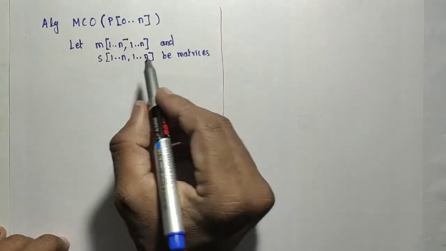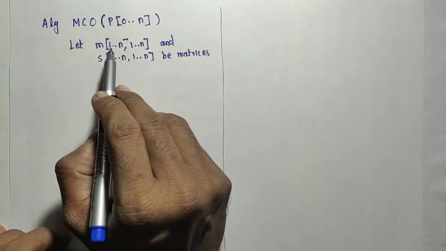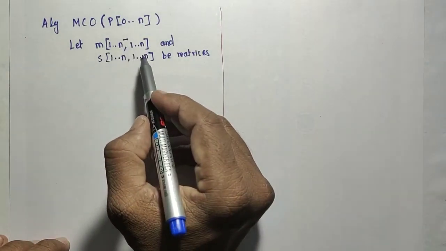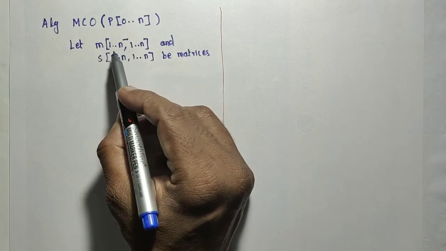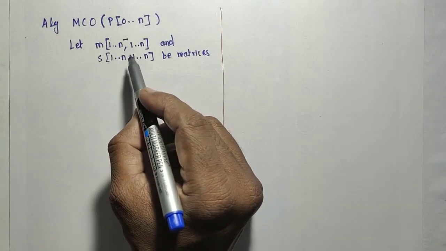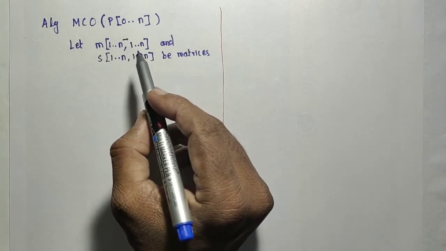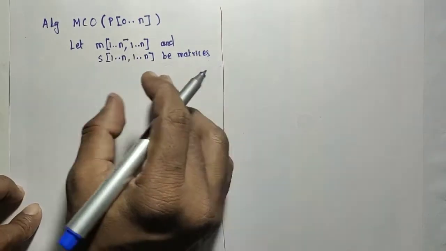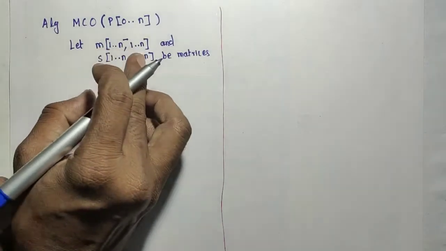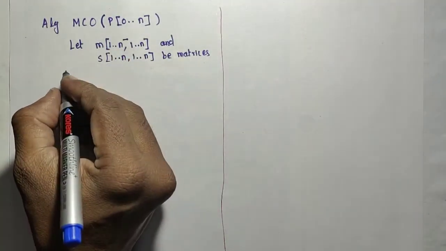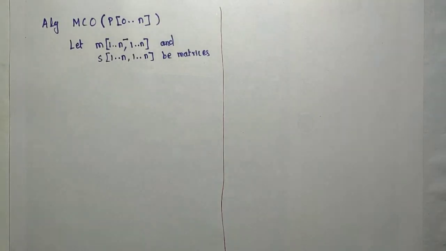While converting this into code, we have to create the two matrices with n plus 1, n plus 1, so that we can occupy the space from 1 to n, because the index starts from 0 by default for arrays in programming languages. For the algorithm, we have taken exactly 1 to n, 1 to n. The first initial step is that these two matrices are created.